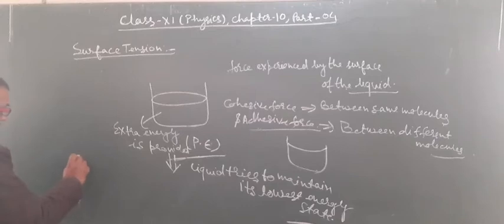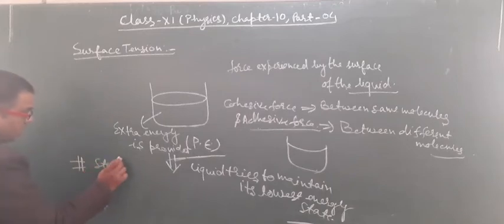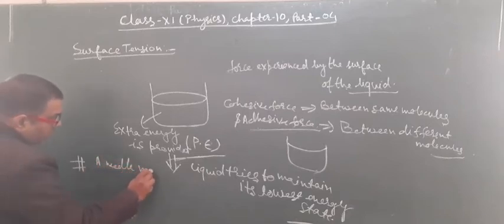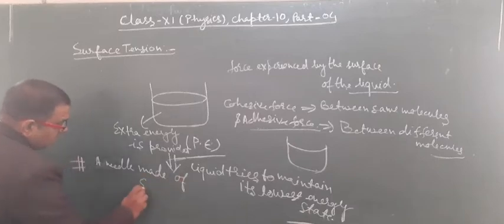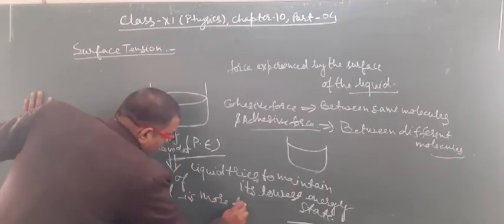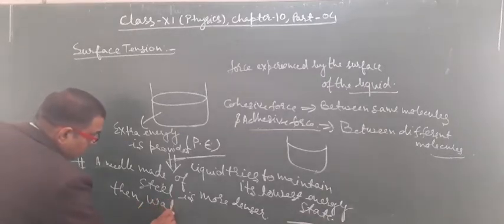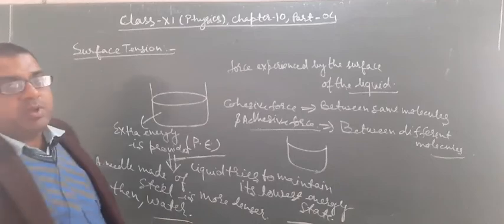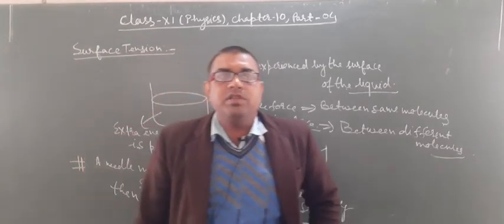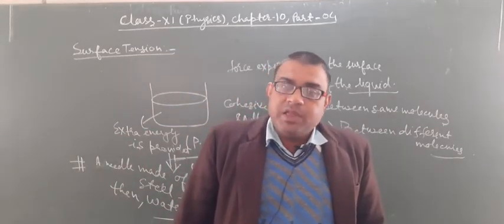Now, what is the concept of surface tension? As you know, a needle made of steel is more dense than water, but due to the surface tension of the liquid, you can make that steel needle float over the surface of the water.